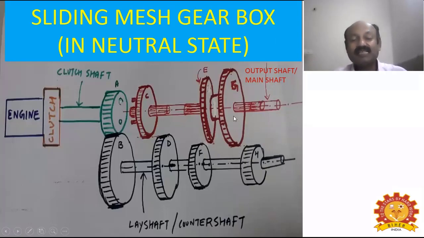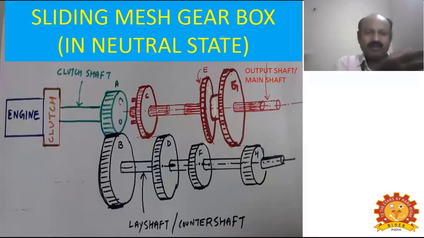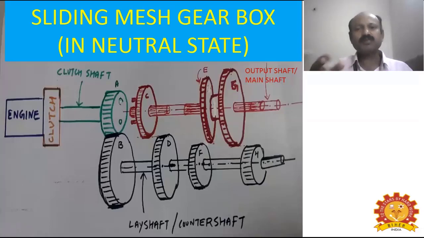Gear G is internally connected with the main shaft through the splined construction, so the main shaft starts to run at 1000 RPM. In this way, even though the engine is running at 4000, the gearbox output shaft is running at only 1000 RPM. Speed is reduced four times, that is, the gear ratio is 4, or speed reduction is 4.